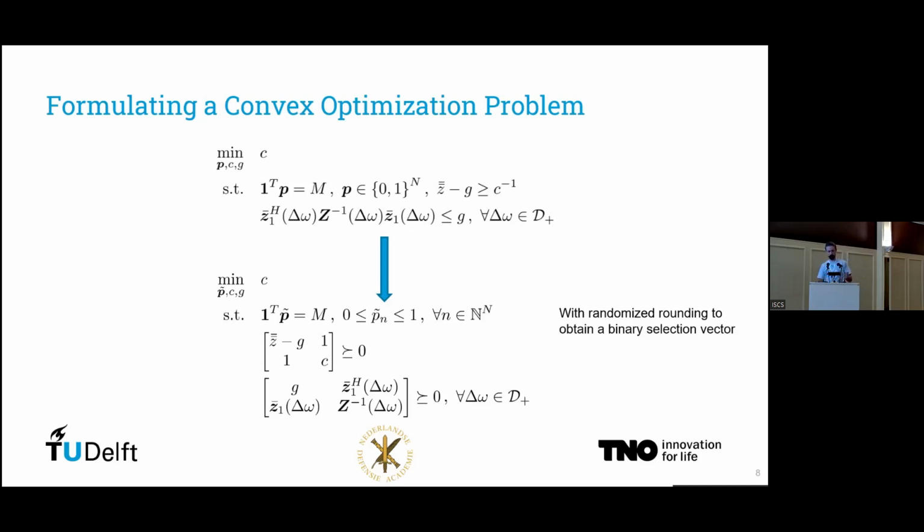For those that don't know, randomized rounding works like this: after optimizing this optimization problem, which by the way is convex now, so we can just put this in CVX or whatever else you want to use, if it produces a value of, let's say, 0.9, then when we do the randomized rounding step, there's a 0.9 chance that we will round that element to 1. Similarly for other values.